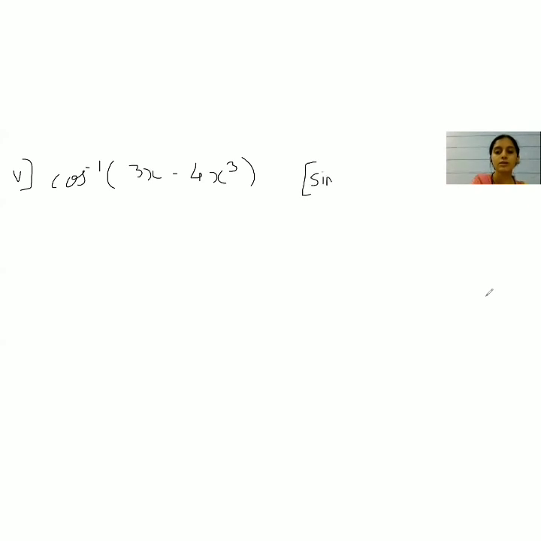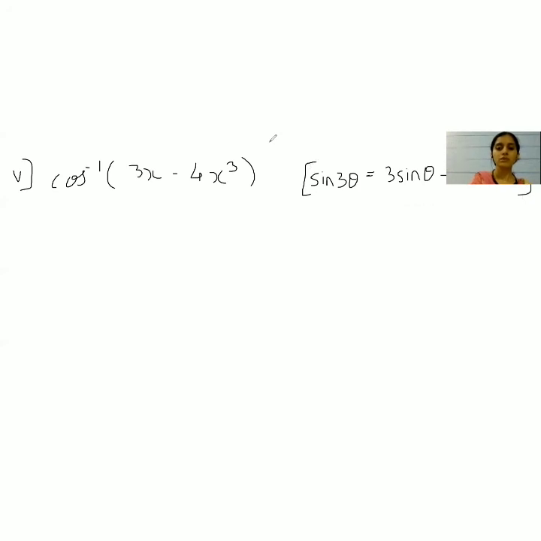I know that sine 3 theta is equal to 3 sine theta minus 4 sine cube theta. I have this as my formula. Now, if you observe the question, it says 3x minus 4x cubed, right? So, can I use this identity?